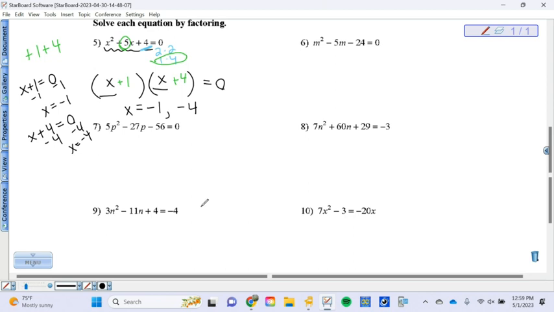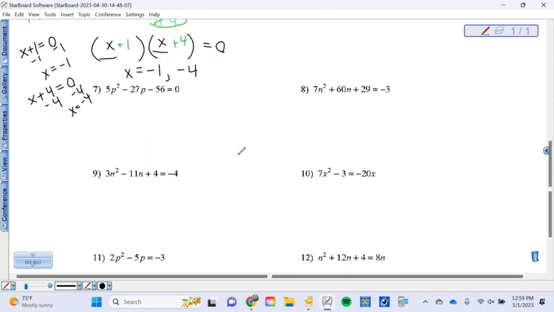Equals what? Instead of equals 0, right? So if you see something like this, your first step has to be making the right side of the equal sign 0. You have to totally clear out this side. So how am I going to make negative 4 0?